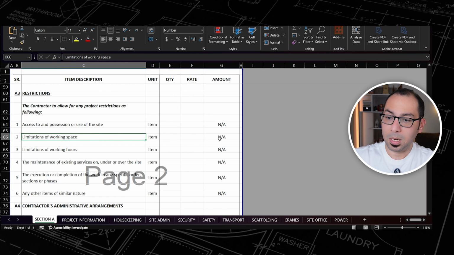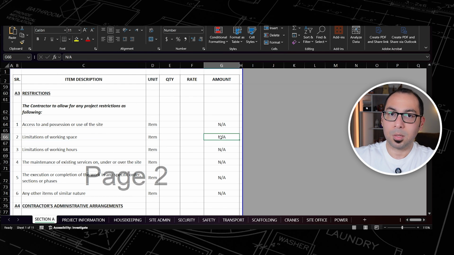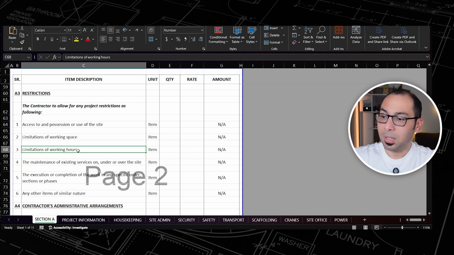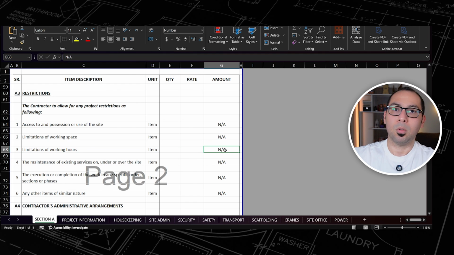Limitations of working space. So let's assume that the site is very small and you have to, let's say, rent the neighboring plot so that you can make a store there. Then if this is the case, you will have a cost here. Limitations of working hours, maybe due to some regulations or something, you can work only 6 hours per day, or you can work only from 6 evening until 12 evening, or some other specific working hours that will make you use more resources, for example, so it will have a cost impact, then this number might come here.